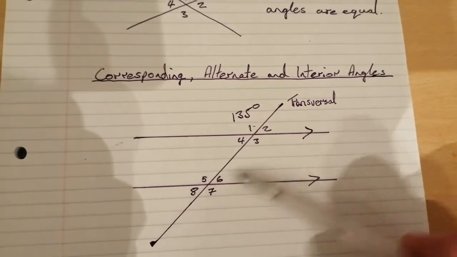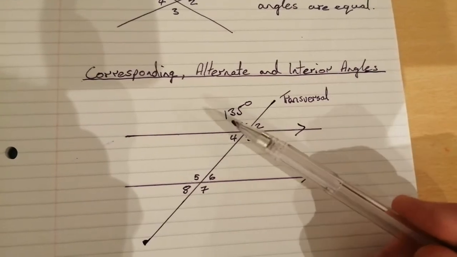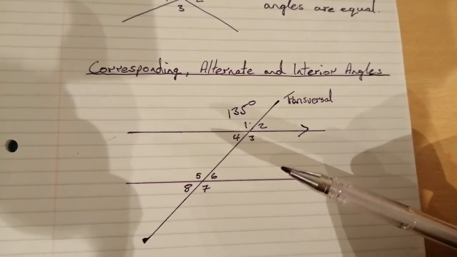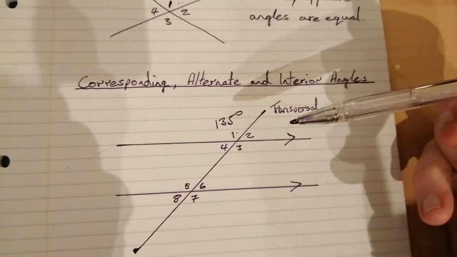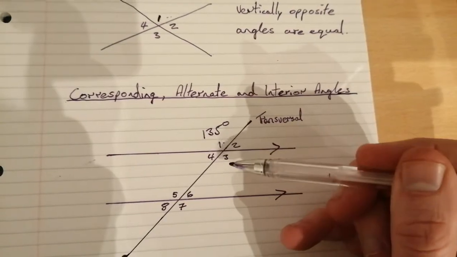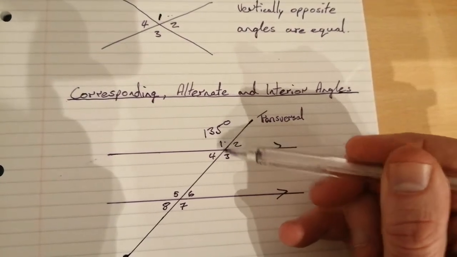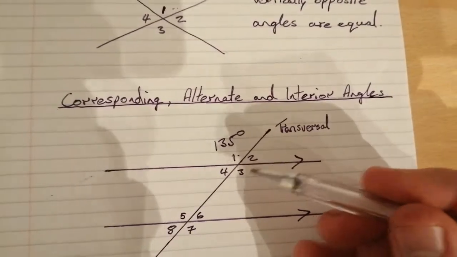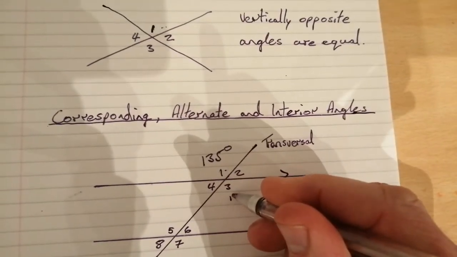Out of the 8 angles that we created here, all of them are either going to be 135 or some other size, but there's only 2 different sizes created. So we know that this is 135, but 1 and 3 are vertically opposite, which means, since vertically opposite angles are equal, angle 3 must be 135 degrees also.